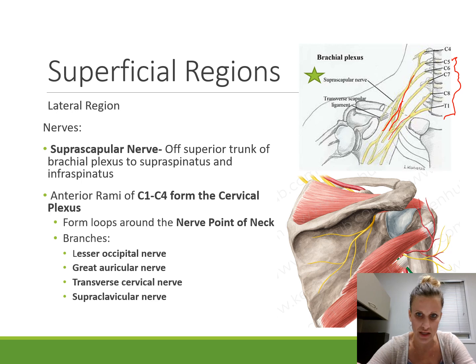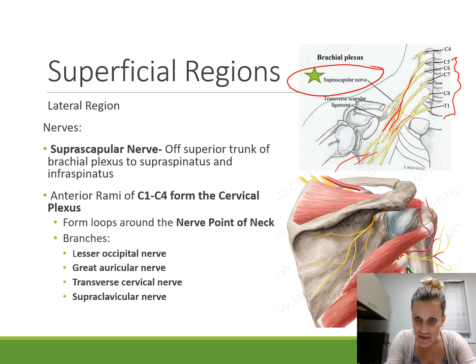And goes through the axilla and into the arm. Up here at the top, you see the suprascapular nerve breaking off, right, above the scapula. And then it's going to end up going around posteriorly, going around to the back, and it ends up innervating the supraspinatus and infraspinatus muscles.